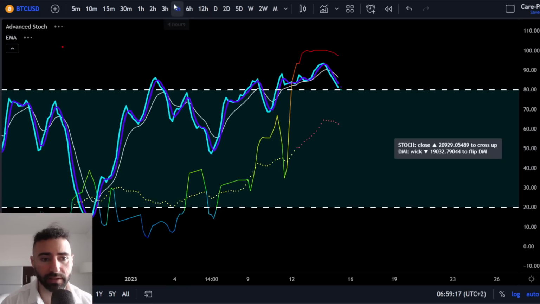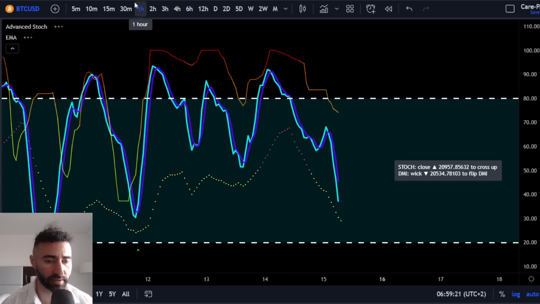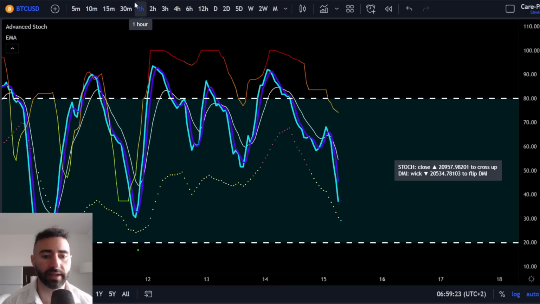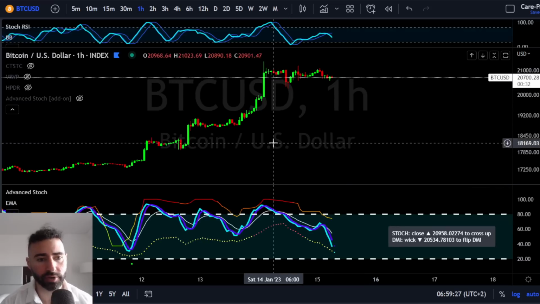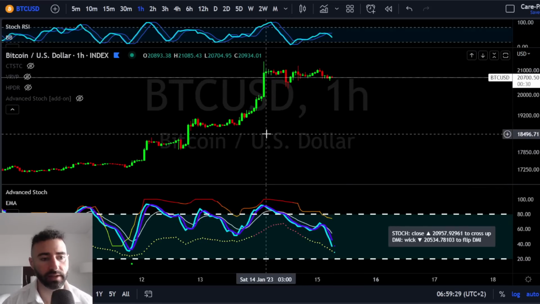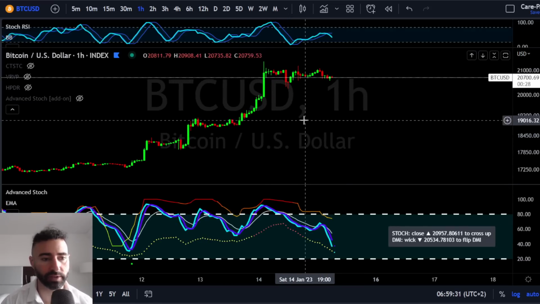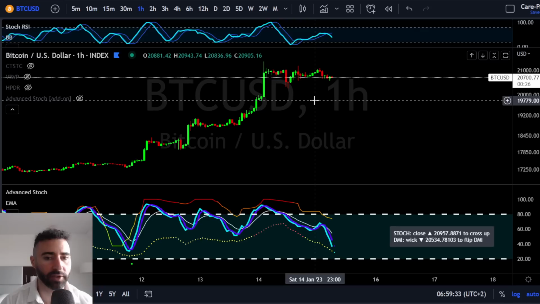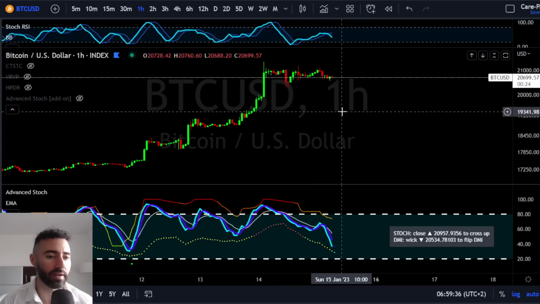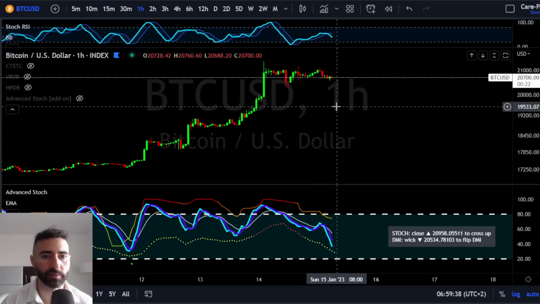The 4-hour time frame is also down as long as Bitcoin's below 20,900. That number's come up quite a few times. And hourly also 20,950 in the short term. So again, short term, I do think that Bitcoin pulls back, maybe goes for the full-on gap fill. I don't know, but maybe upper 19s would be reasonable there.